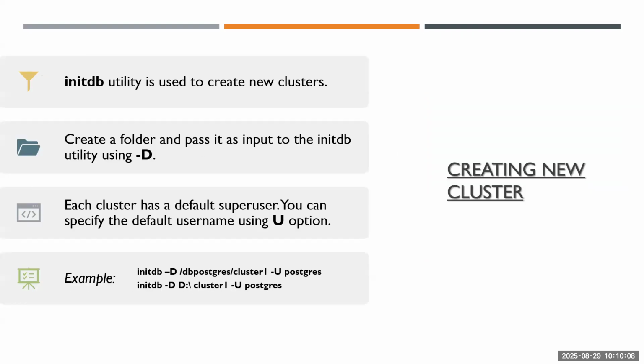Now, what the Postgres people have done is they came up with a lot of utilities, sir. They came up with a lot of utilities like initdb, pg_psql, pg_ctl, pg_dumpall. So we have a lot of utilities.